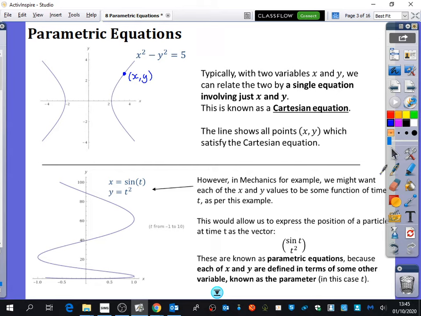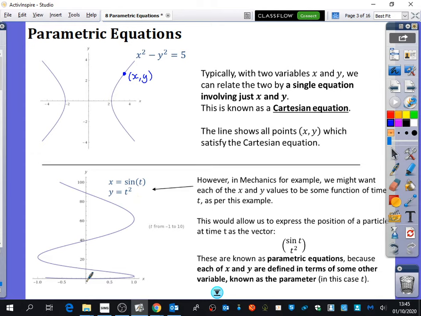However, in mechanics, for example, we might want each of the x and y values to be some function of time, t, as per this example. So instead of relating its x coordinate to the y coordinate, in mechanics where we're interested in where something might be at a particular time, we might want to say that its x coordinate is going to be a function of sine over time, and its y-coordinate would be the time squared.